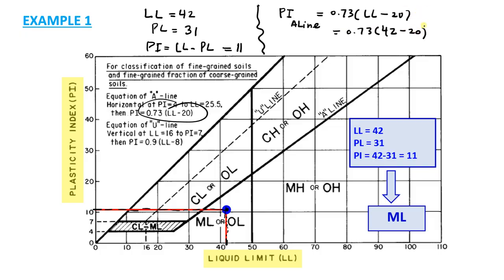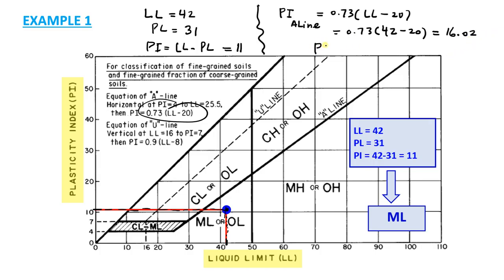So this comes as 16.06. Means if we are on the A-line, then against the liquid limit of 42, PI is going to be 16.2.